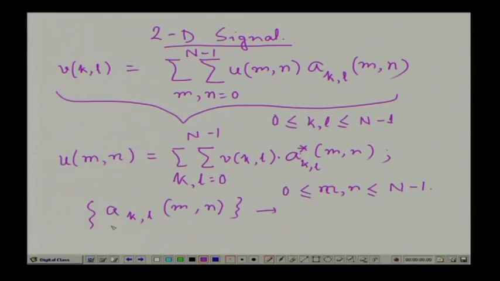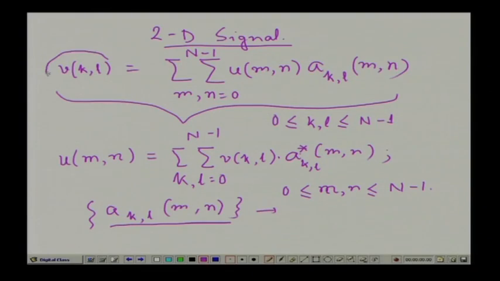So, this a k l m n is a set of complete orthonormal basis functions, and in our last class we have said what is meant by the complete set of orthonormal basis functions. And in this case, this quantity V k l, what we are getting, these are known as transform coefficients.